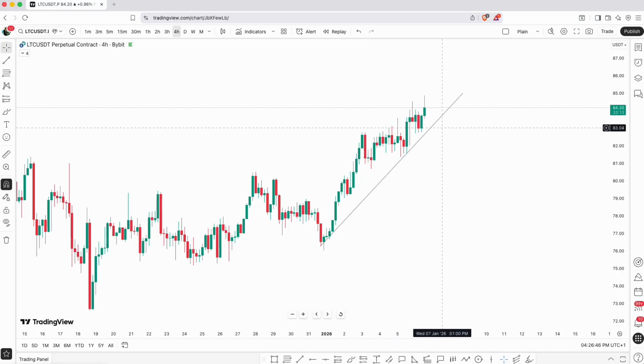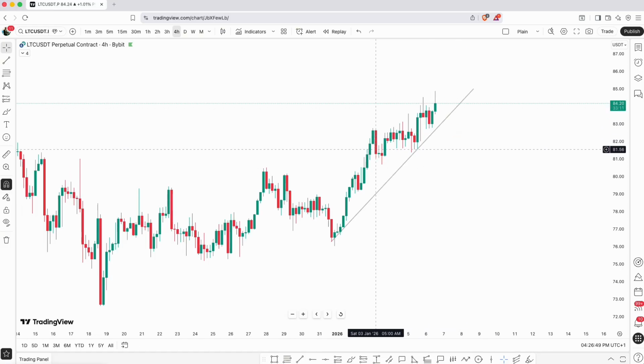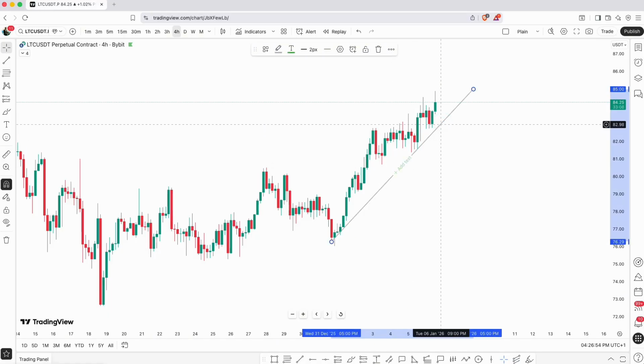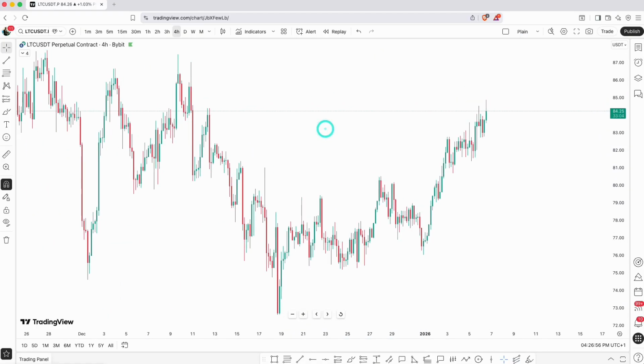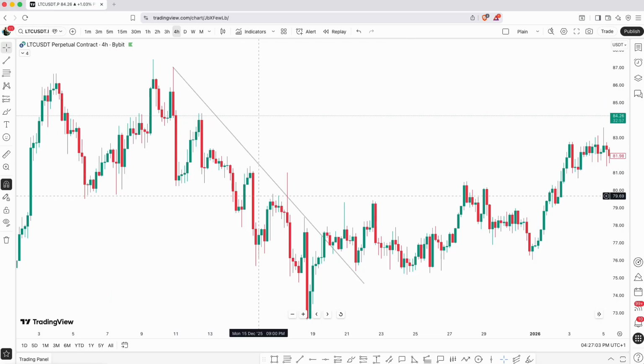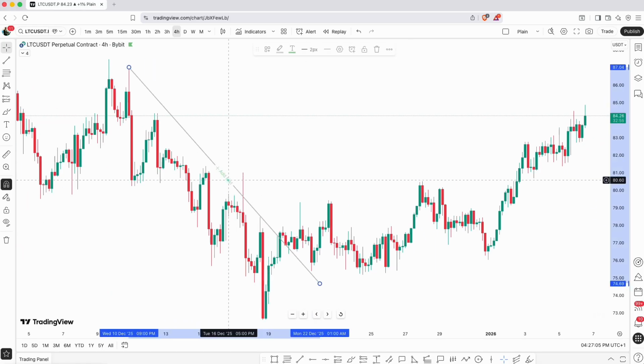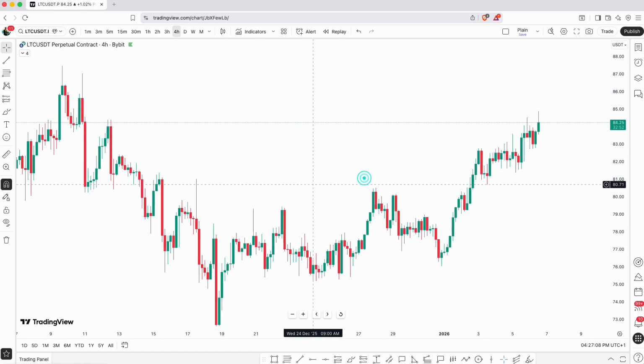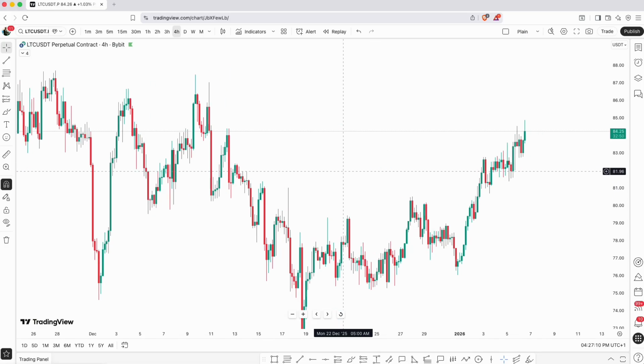But because you already know what is happening on the higher time frame, you want to use this to say, okay, this is where I'm going to enter a trade if this market is going to go up. And once the market is trending downward, and you have seen that on the higher time frame already, what you're looking for is every pullback, you want to be getting an entry to sell in that market. So for the top-down analysis, what we do first is start from the higher time frame.